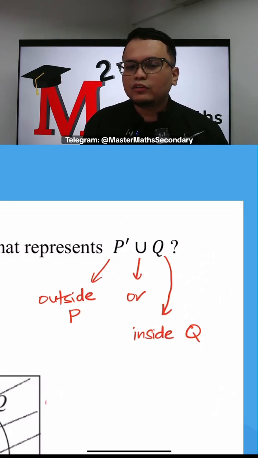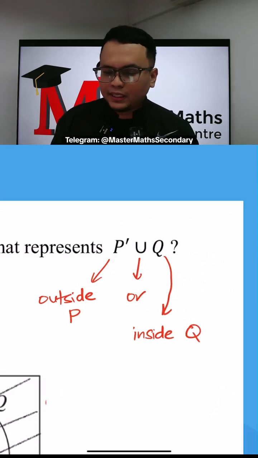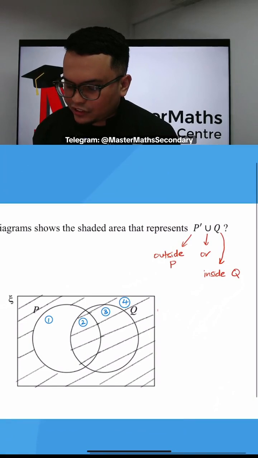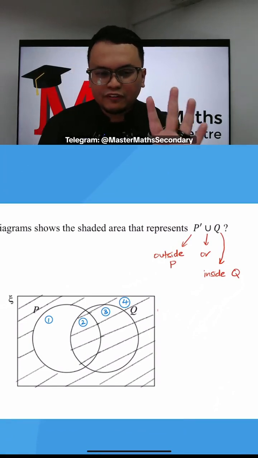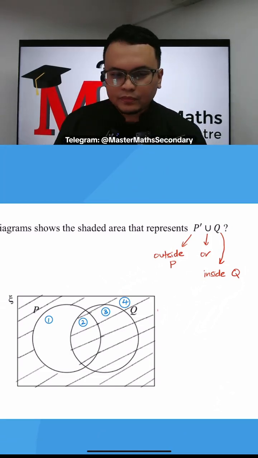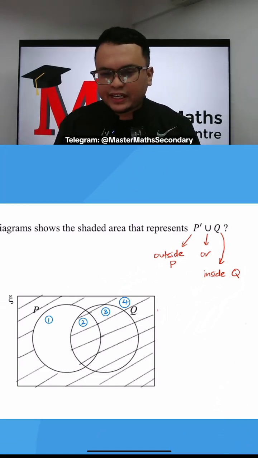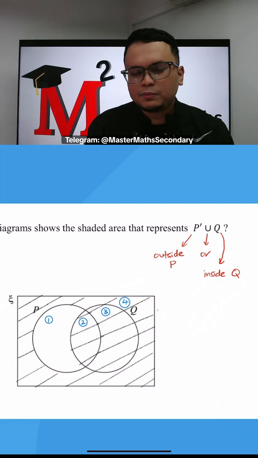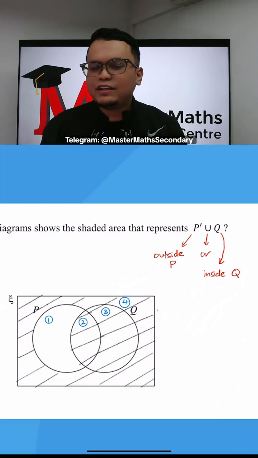Alright, so for it to be outside of P, let's take a look. This is a strategy that you guys can use. Notice I labeled the 4 different regions there: Region 1, Region 2, 3 and 4. If you find that Venn diagrams are really difficult to do, you can split up your regions into different parts and then ask yourself the question.